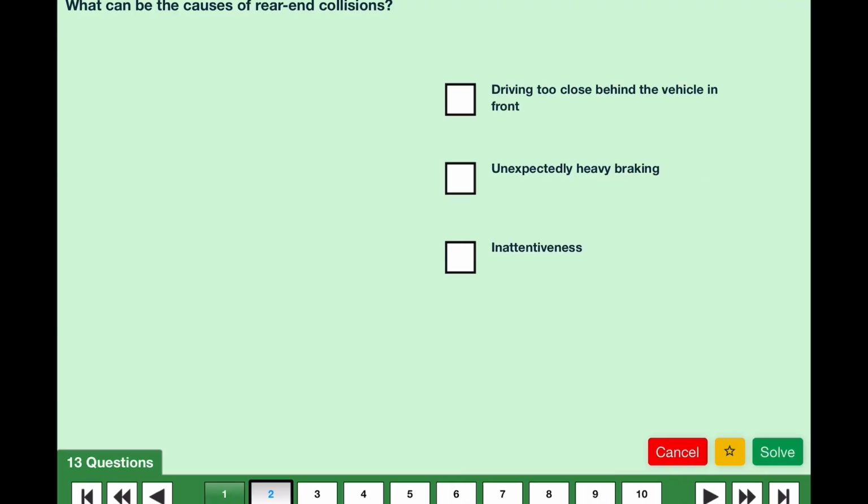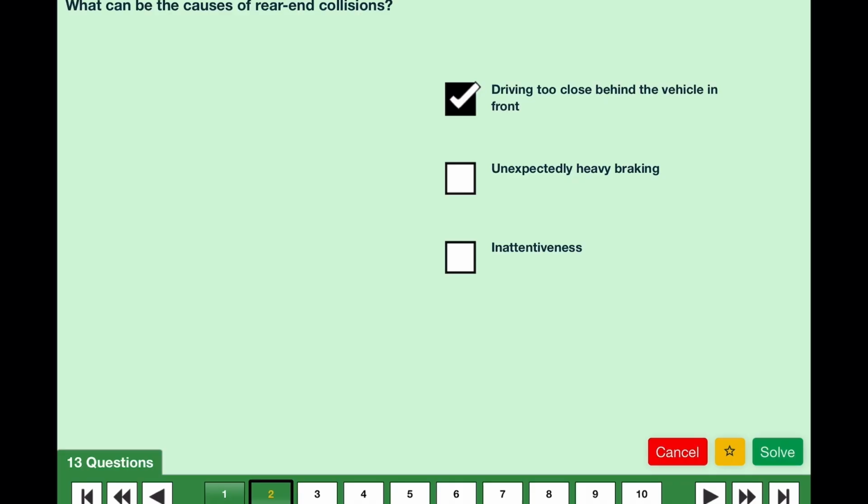This is number 2. What can be the cause of a rear-end collision? We have driving too close behind the vehicle in front. When you're driving on the autobahn, if you drive too close behind a vehicle, it can cause an accident.